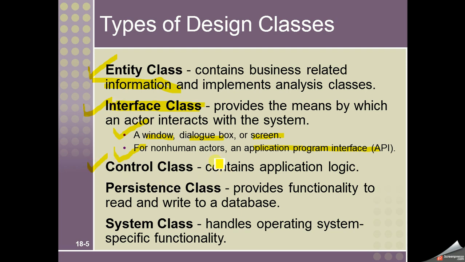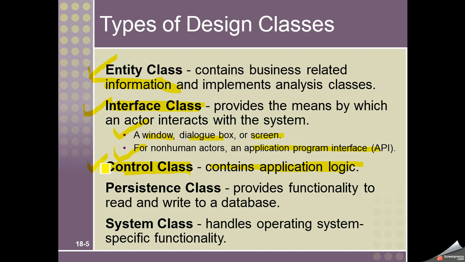Next is the control class. This is the core class, the most important class, which connects everything together. It contains the application logic, the algorithm, the workflow, the policy, the business logic. It resides inside the control class, and as the name implies, it also kind of controls all the other classes.